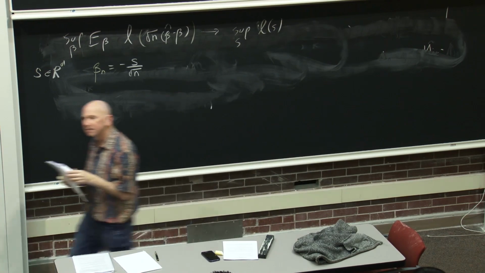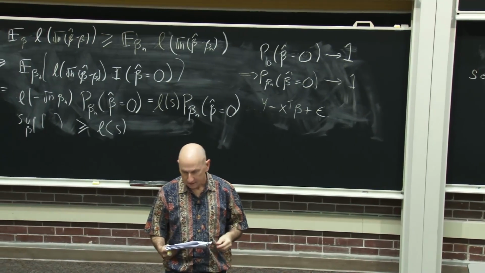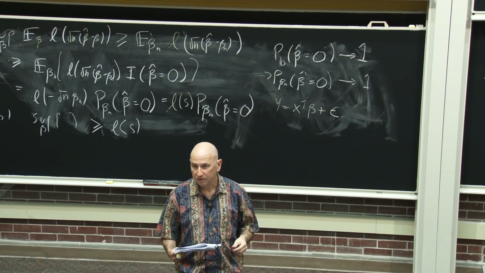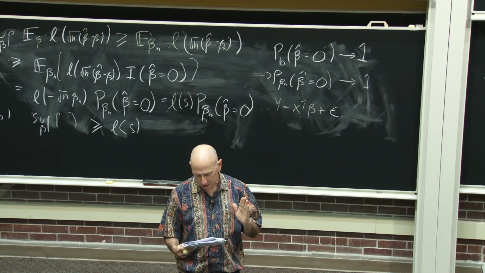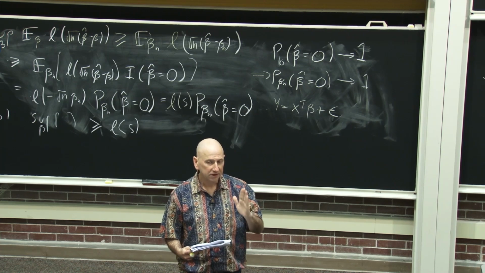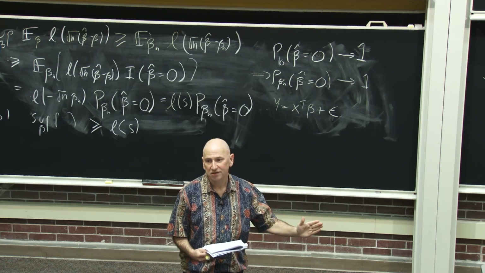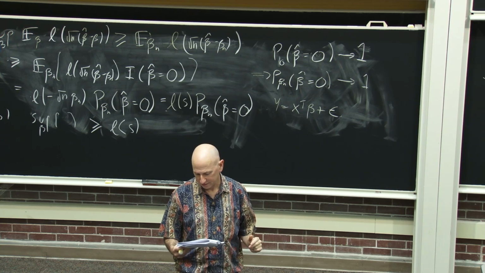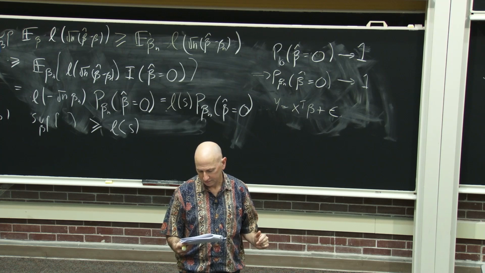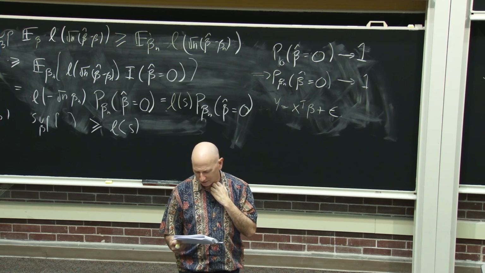What is the definition of weak sparsity? That should be not equal to 0. We want to make sure that when the true beta is 0, you get beta hat 0. So it should be beta j not equal to 0. Instead of 1, you mean? No, sorry.